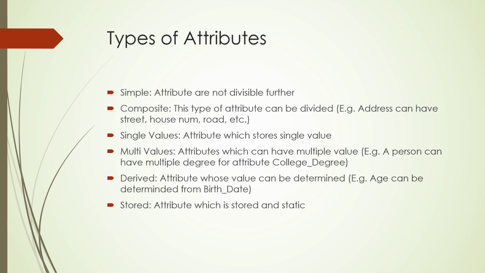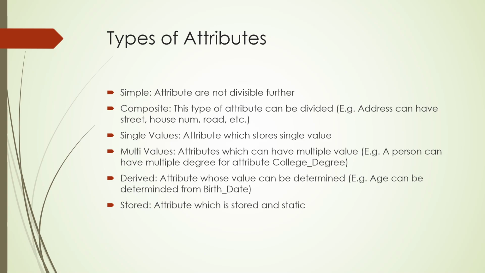They might have done first a BTech, then an MTech. So all are degrees, right? So we have multiple values there. You might have seen when you are filling in any portals, for education, they tend to ask you to select multiple things. Such kind of information has multiple values.